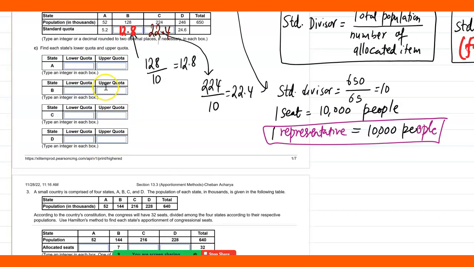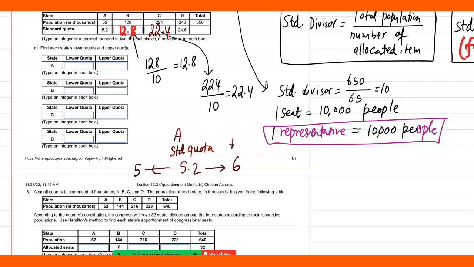Now listen, next part, find each state lower quota and upper quota. For state A, the standard quota is 5.2. If you round it up, it's going to be 6. If you round it down, it's going to be 5.